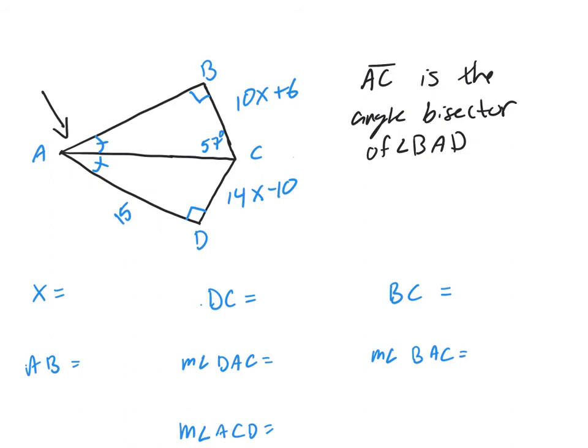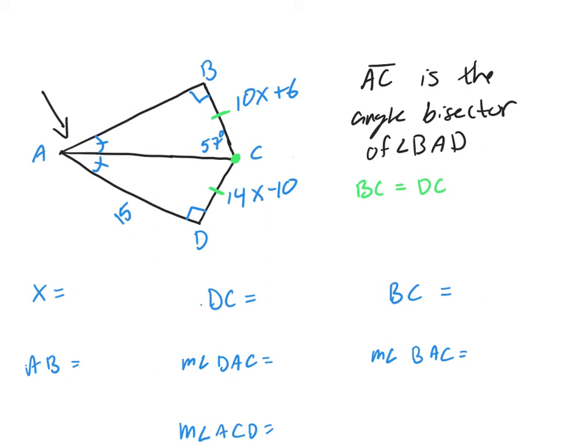So what do we know about that then? Well, because we have an angle bisector, we know that any point on the angle bisector is equidistant from the sides of the angle. So we can say that the length of BC is going to be equal to the length of DC. So we're going to use that to solve for x here.